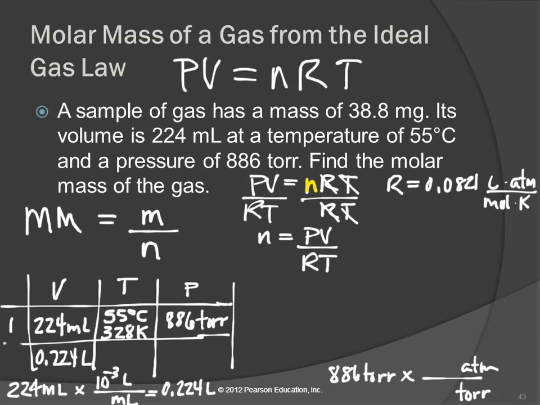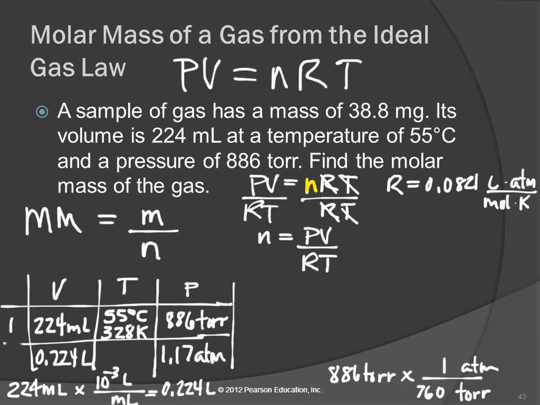We go to the table, or this is one that would be good to remember. 1 atmosphere, 760 torr. So we've got 886 divided by 760. So 1.17 atmospheres.